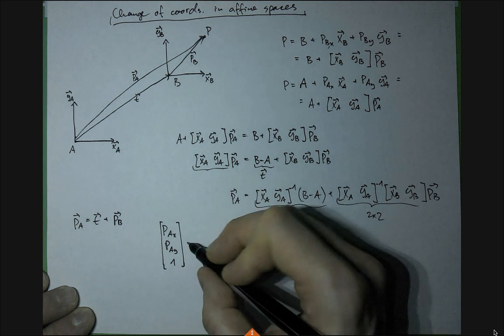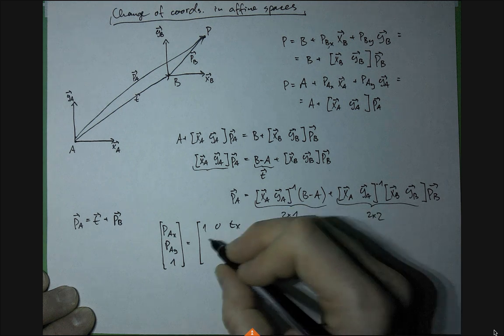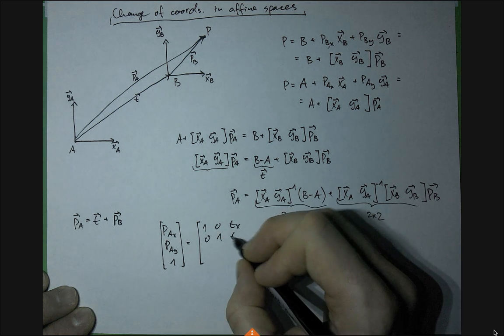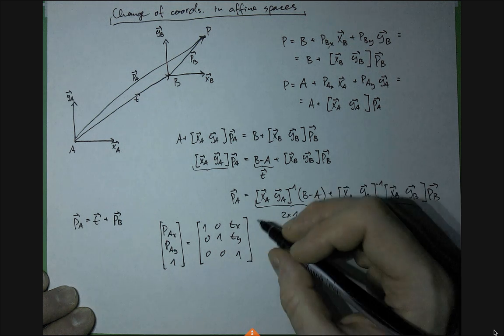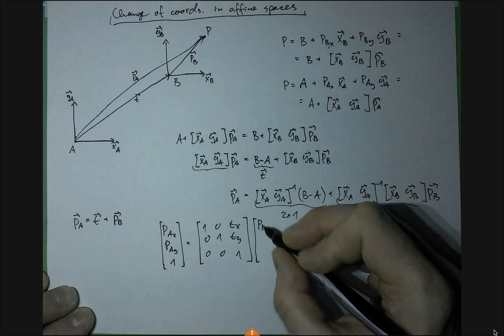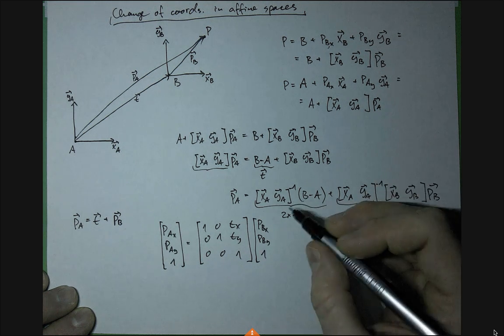And in matrix form, you can write it as 1, 0, Tx, 0, 1, Ty, 0, 0, 1, multiplying the point Px, Py and 1.